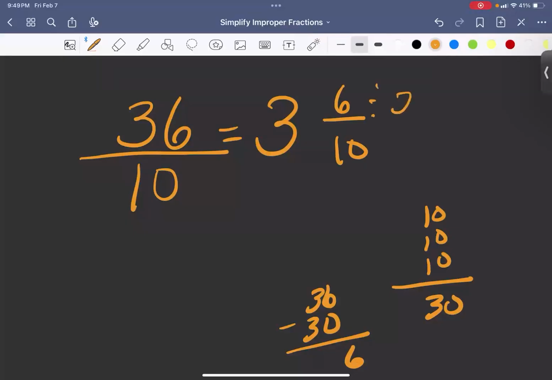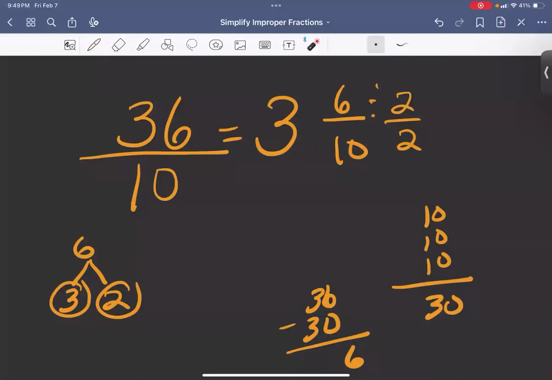So we can use 2. How did I get 2? Well, I could have made factor trees. So the factors of 6 are 3 and 2. I'm going to circle the prime numbers. And then I have 10. So I'll make a factor tree for 10. I get 5 and 2.